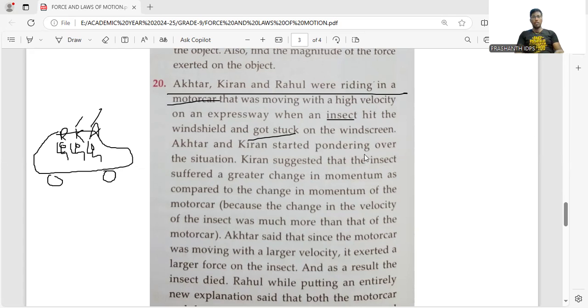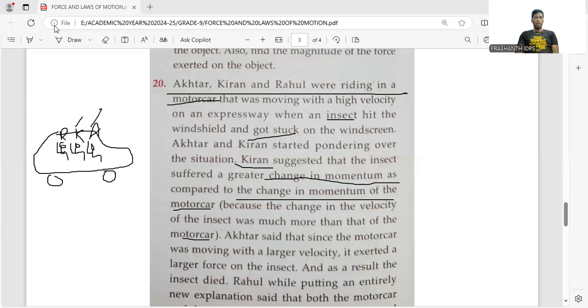Kiran suggested that the insect suffered a greater change in momentum as compared to the change in momentum of the motor car. Kiran is saying the insect was hurt a lot, because compared with the motor car, the insect's change in velocity was much more. This is Kiran's assumption.